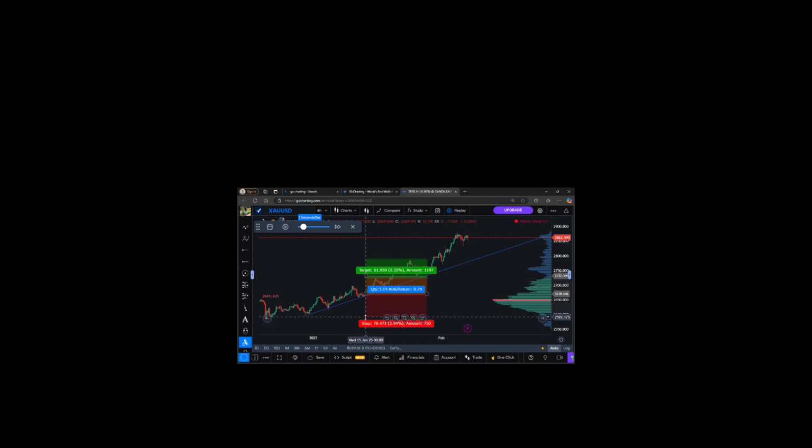Yeah, here, because this is the recent swing low. So this will be my stop loss. The recent swing low will be my stop loss. Then I enter at this position.